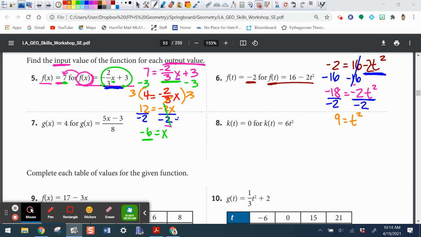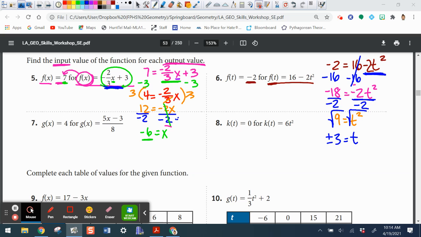Now here's something that many of you might not have learned, and I probably overlooked if I checked your work already. But there's something interesting about when we're trying to solve for t at this point. To undo t squared, because our job is to just simply find t, when we take the square root of both sides, truthfully, t can actually be plus or minus the square root of 9, a positive or a negative square root of 9, which is 3.